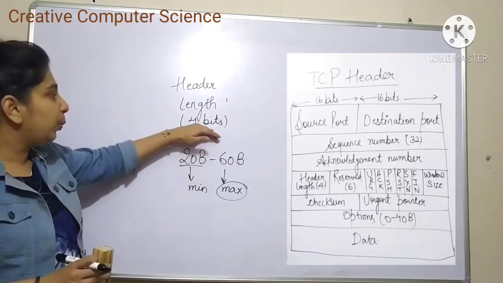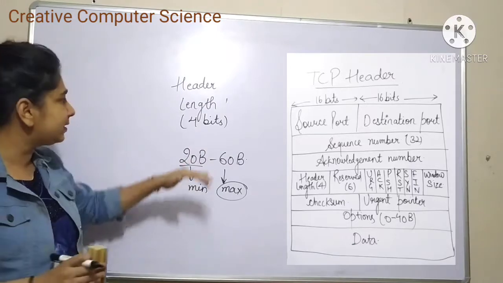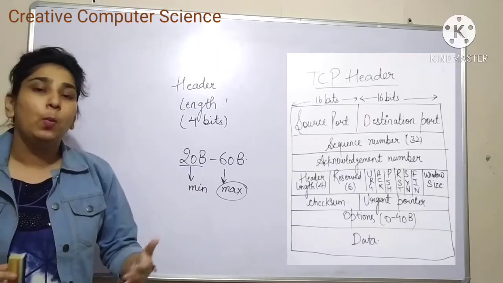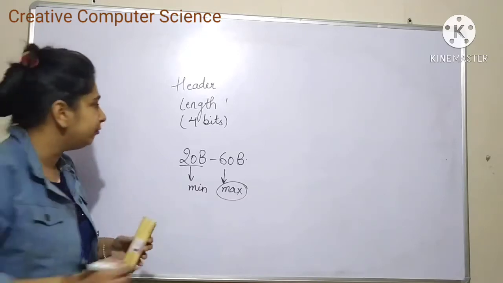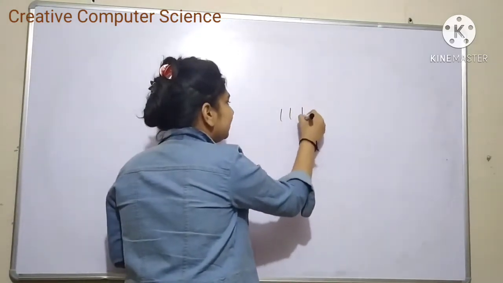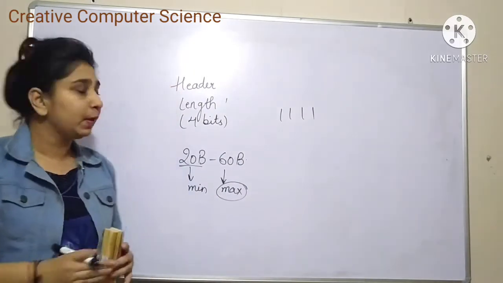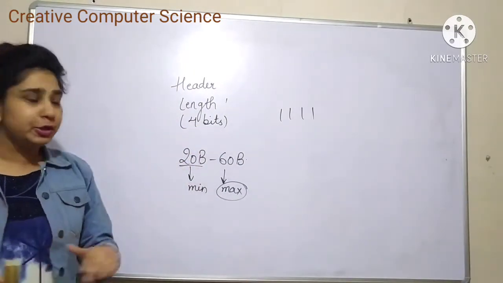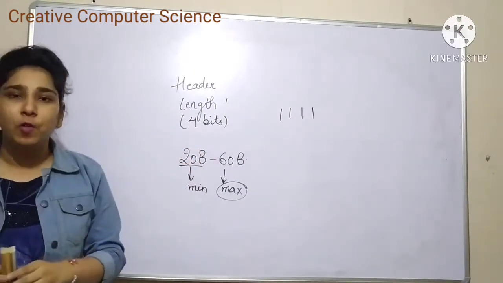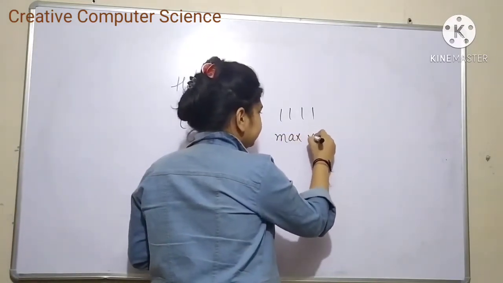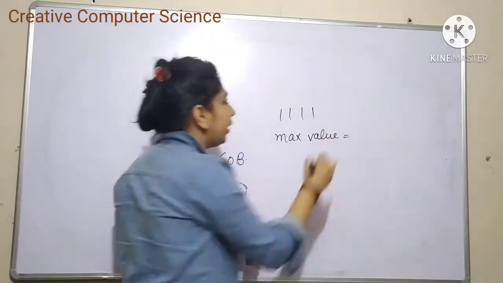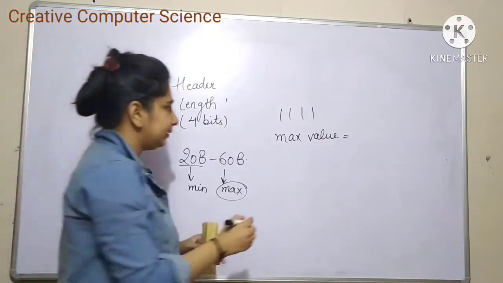With the help of 4 bits of the header length, what is the maximum possible value we can have? Put all ones in the 4 bits. If I put all ones in the 4 bits, the maximum value which we can get is 15.